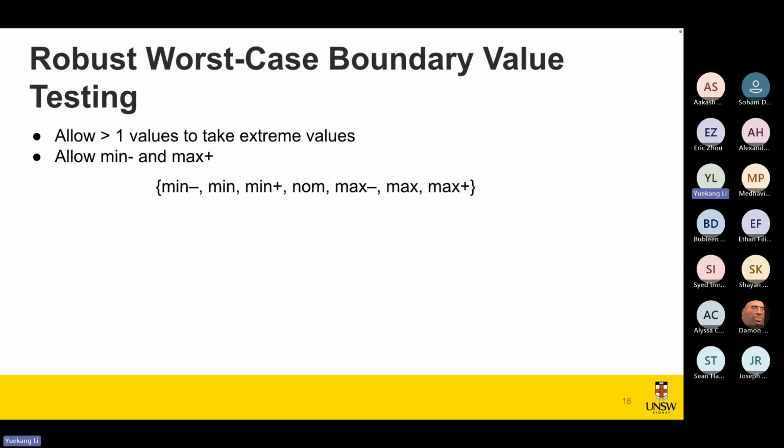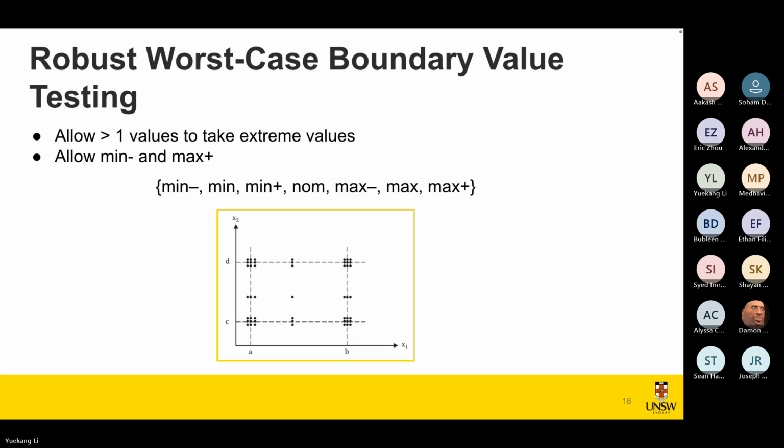What will it look like? Can you imagine that? So we are placing a dot in all the partitions inside the 2D space, right? So we put a dot inside all the partitions, and we put a dot near every corner here. So this is the robust worst case boundary value testing.